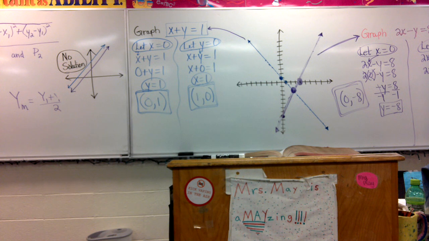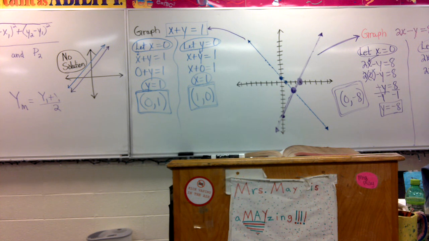Just to estimate, go 2.5. Our graphs are going to be really small, so you might get a fraction for your x or your y. But the point where they cross should be whole numbers. Does that make sense?